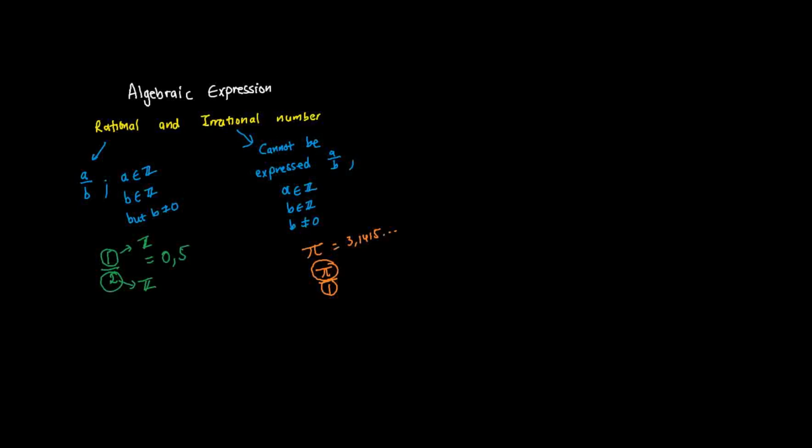Okay. That being said, what about a recurring decimal? A recurring decimal, right? As the name suggests, this is a non-terminating decimal. That means the decimals do not end. Now, pi is an example of a number with decimals that do not end, but this is a recurring decimal, meaning that it follows some sort of pattern.